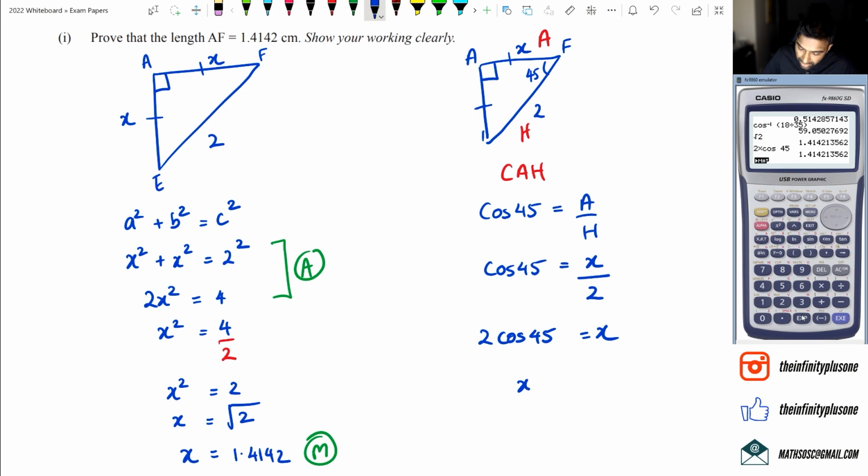As you can see, you get the same answer here. So if you are using the trig method, forming a correct trig equation gets you an achieved, and then getting that final answer is going to get you a merit. Cool. So let's go to the second part of this question.